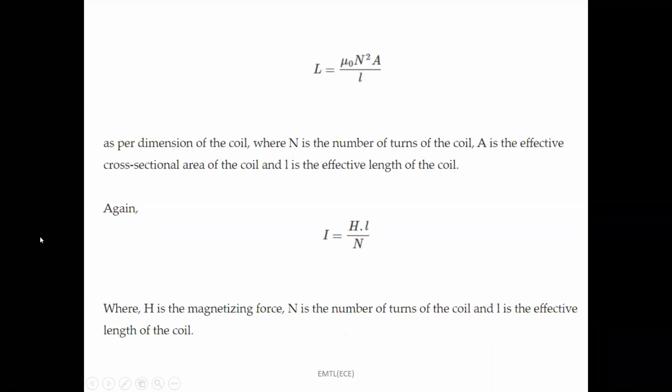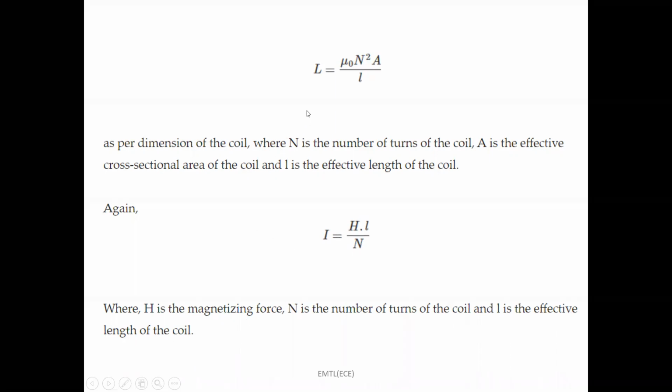Here N is the number of turns of the coil, A is the area of the coil, and l is the effective length of the coil. Now, current I is also expressed as H into l by N. Here H is the magnetizing force, N is the number of turns of the coil, and l is the effective length of the coil.